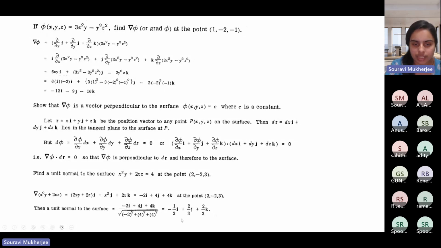This gives you the unit normal to the surface. Why these kinds of questions are important is because they tell you how to use these operators. In the coming course and also in other courses, whenever you are supposed to use the gradient, the divergence, and the curl, this exercise would tell you how to use these operators.